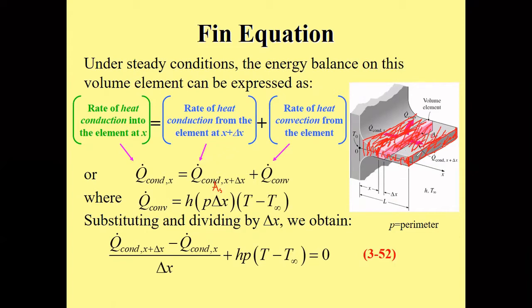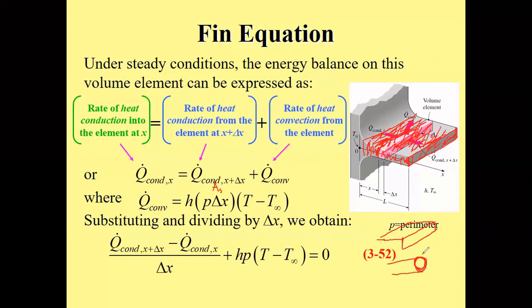The reason we use perimeter is because of different shapes. For example, if this is a rectangular shape, the area is going to be like this, whereas when it is cylindrical, the perimeter is this, and then you multiply by L, the length.